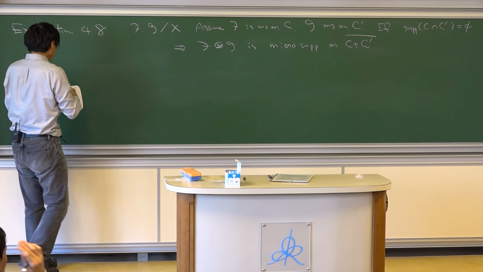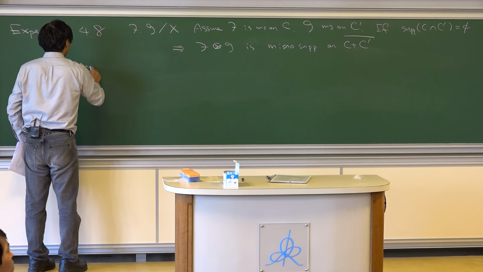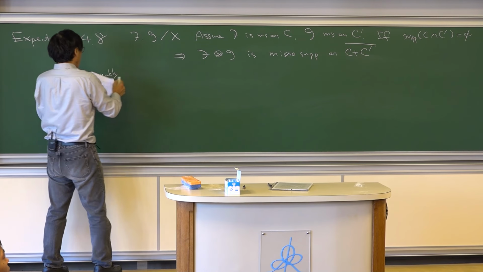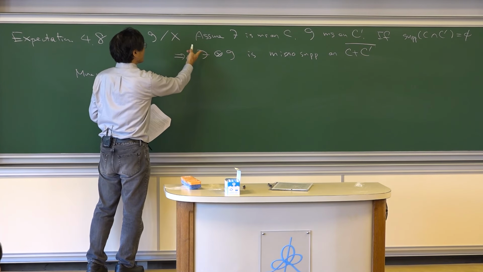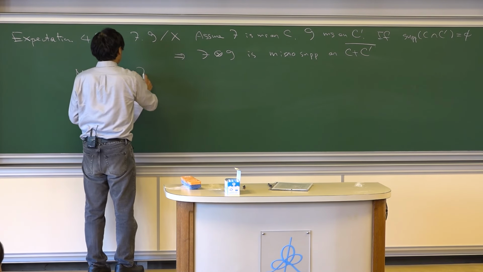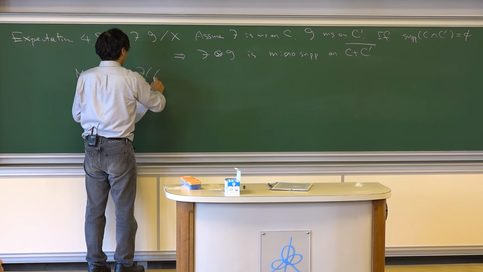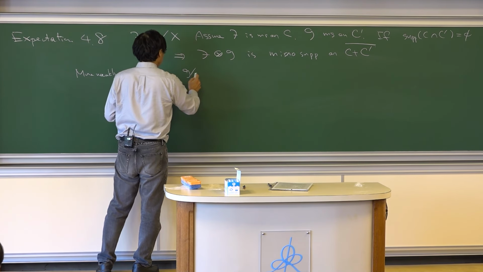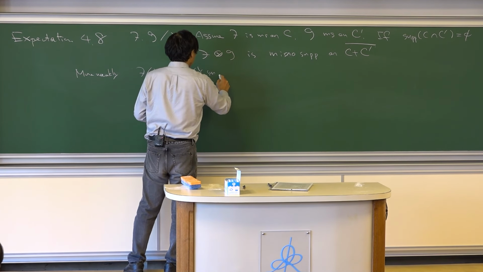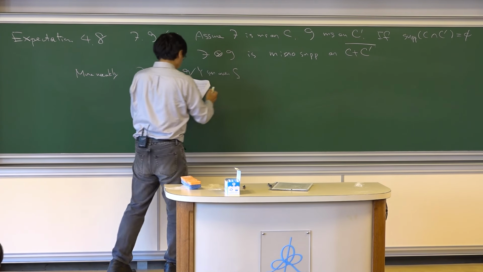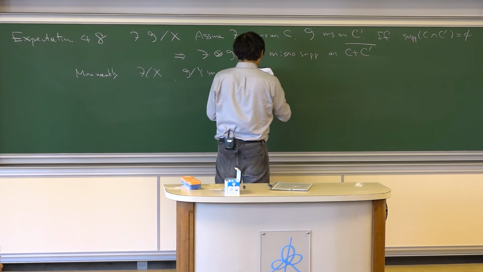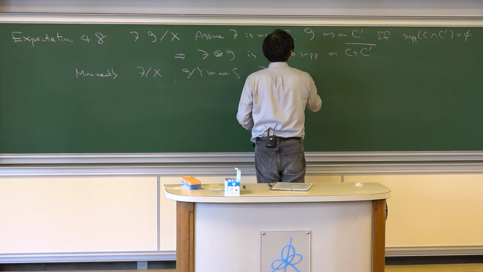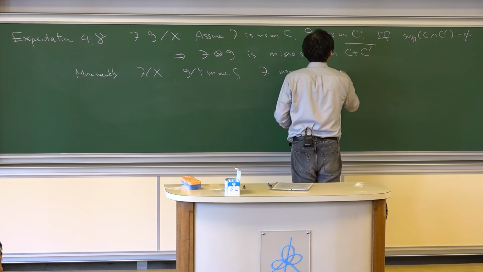So more weakly, this is the case where we have only one scheme, but now we have F on X and G on Y, and Y is smooth over S, and again F is micro-supported on C, and G is micro-supported on C prime.